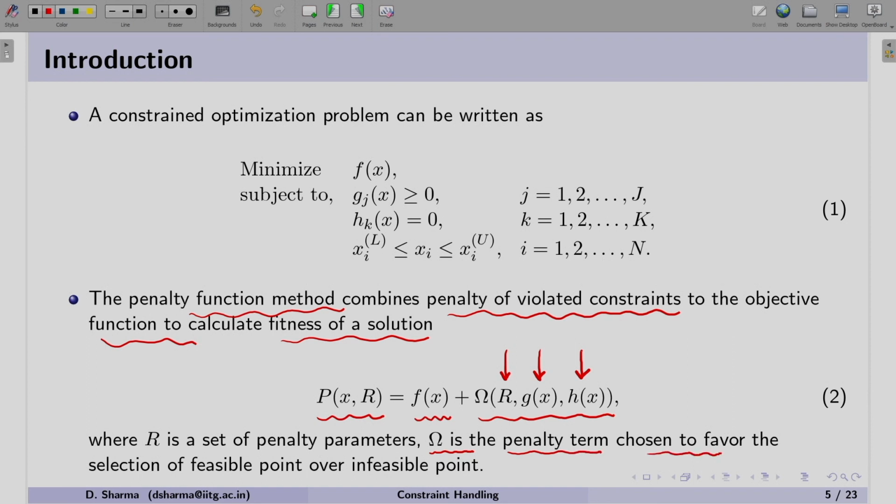We choose this term in order to favor the selection of feasible points over infeasible points, and that is the whole objective here. When we are working with EC techniques, we have multiple solutions. At a certain stage, we can have feasible solutions as well as infeasible solutions.